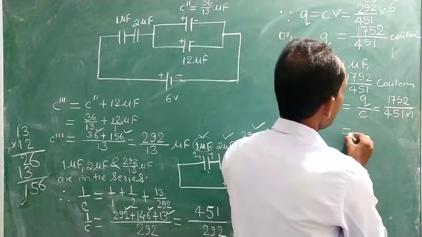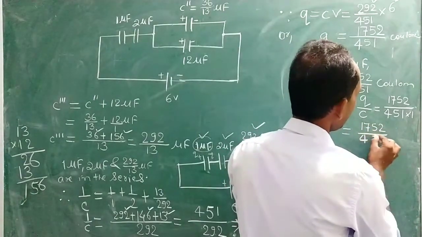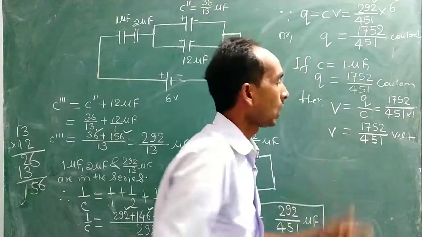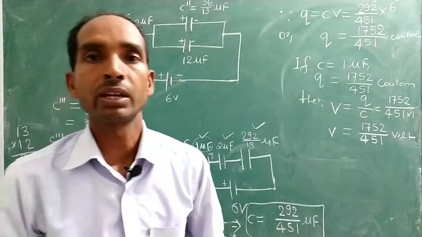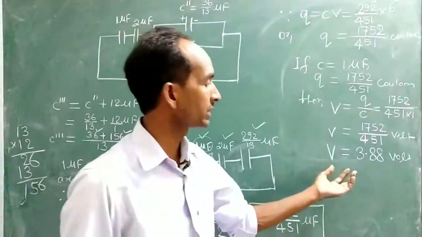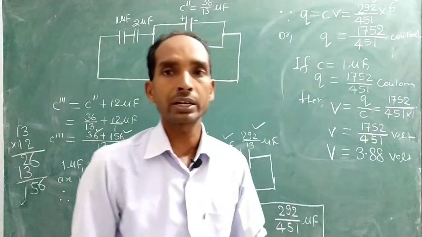That is 1152 divided by 451 volt. On dividing, we will get the answer. On simplification, we get the value of V, which is equal to 3.88 volt.